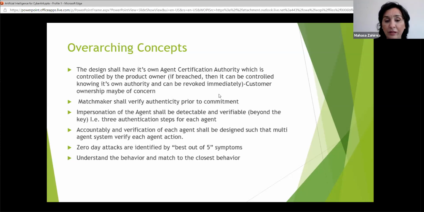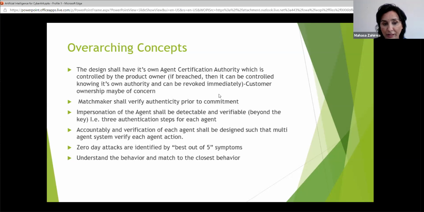We have to do the matchmakers before committing to information transfer. We have to identify the impersonation of the agent. And I like to use a triangle key parameters where I have one agent doing the actual tasking of monitoring, another agent is managing the first agent, and the third agent is doing an overall approach.